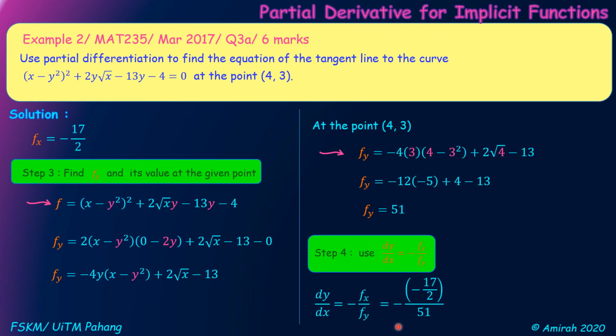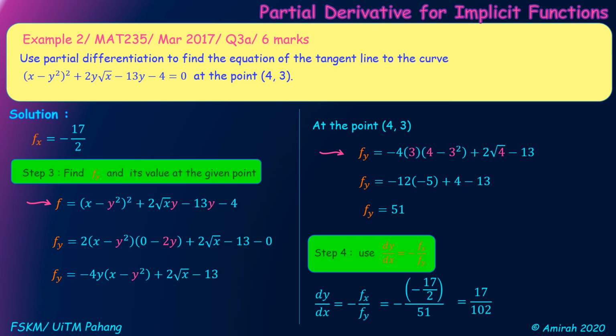Then we have negative here, so negative times negative equals positive, 17 over 102. This is our dy over dx.